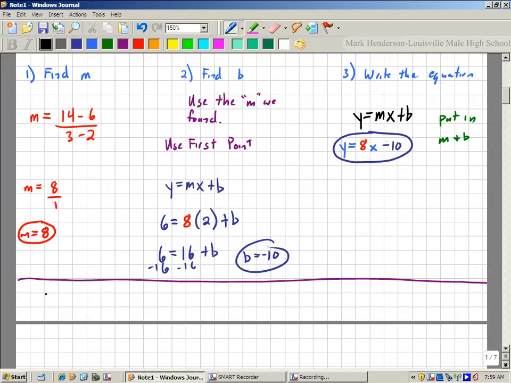So, here's what I want you to do. 3, 9, and 5, 11. So find the equation of the line that goes between 3, 9, and 5, 11.